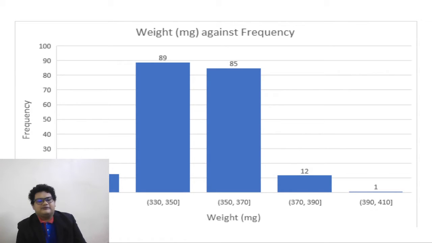This graph also shows that only one sample is around 390 to 410. This is the sample taken from the 200 tablets. Next, I will pass it to my friends and we will explain about the calculation.